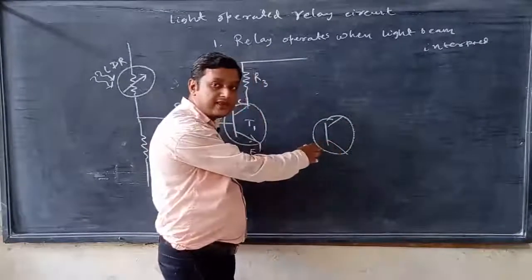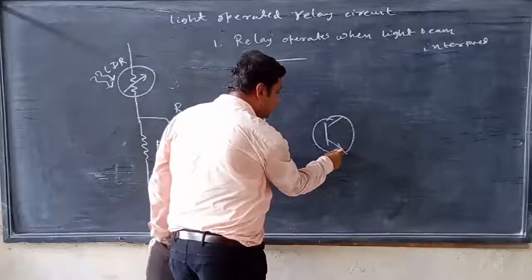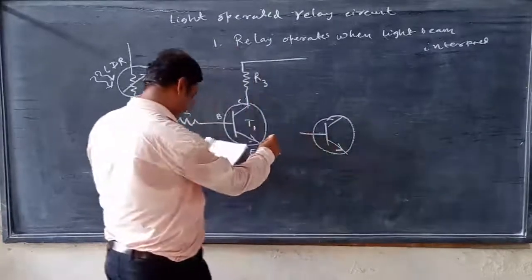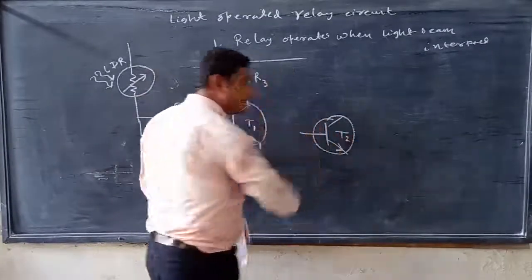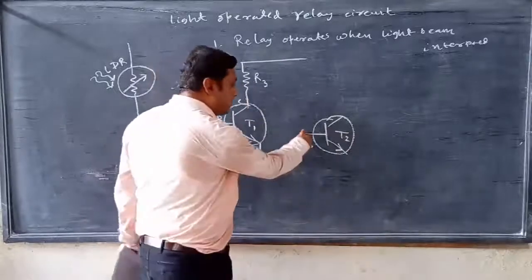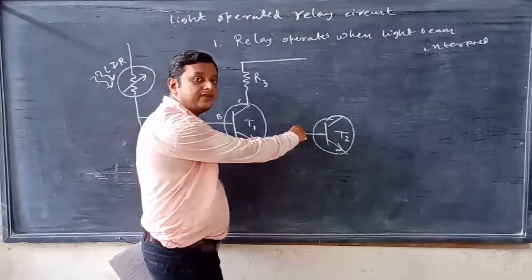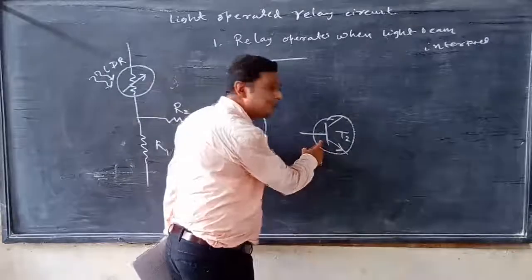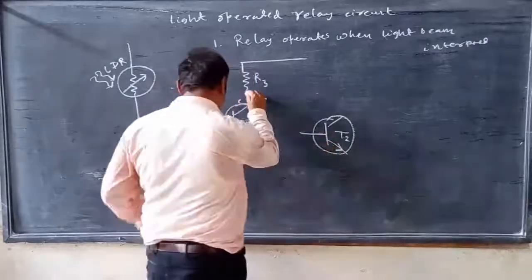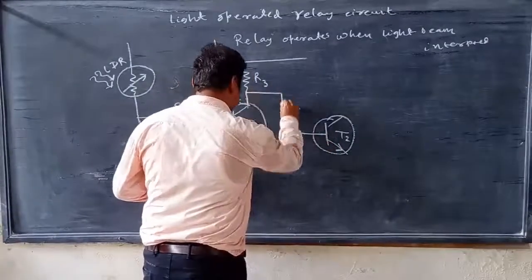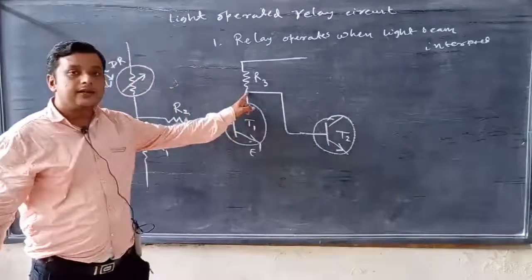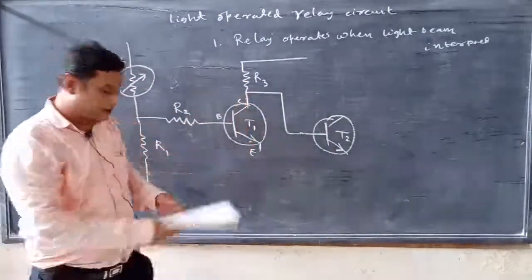This is an NPN transistor, so the arrow will be outward. The base of the T2 transistor is connected with the collector of the transistor T1.